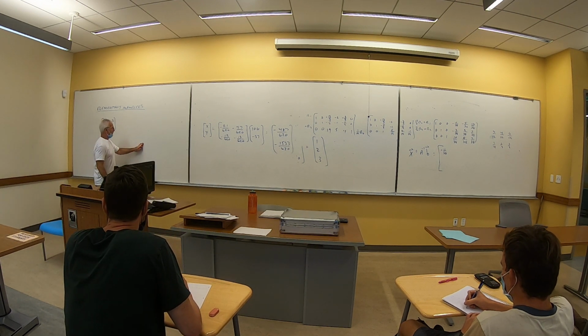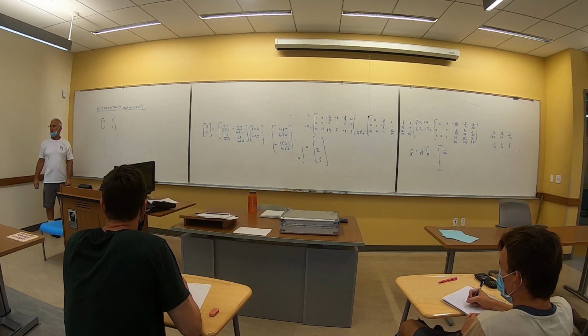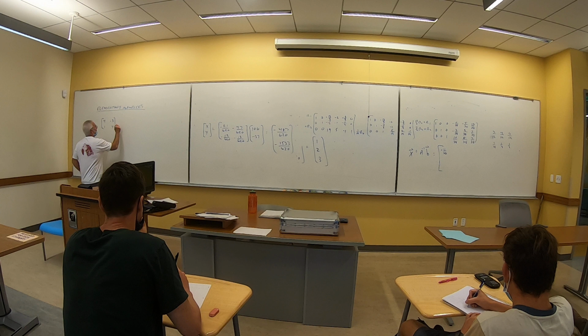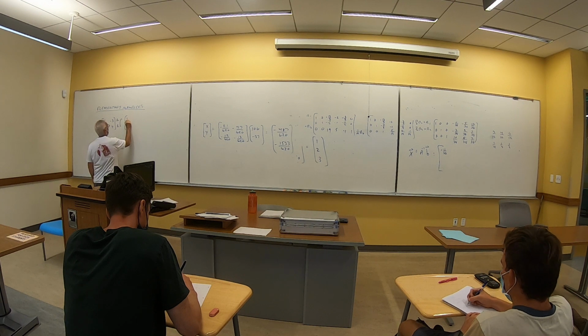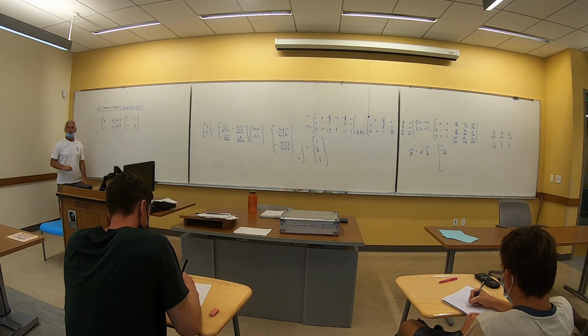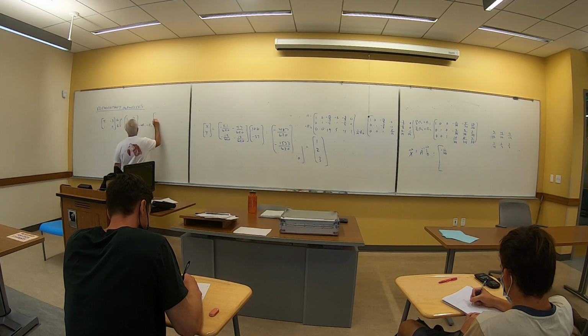So, what would the first step you want to do? Take 1/4 of row 1? Yeah, let's go row switch. So let's change. We're going to go 1, 7, 4, -3. Now, let's use our pivot of 1. So how about I take negative 4 row 1s and I add it to row 2? So 1, 7, 0.